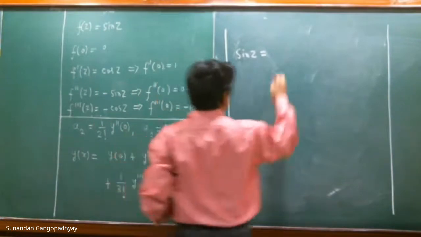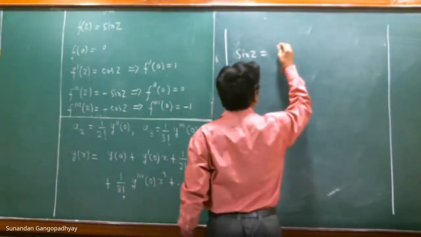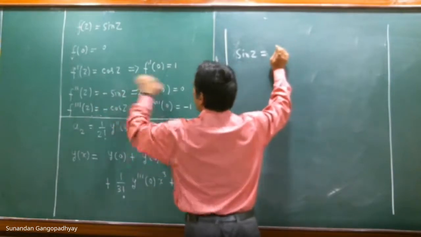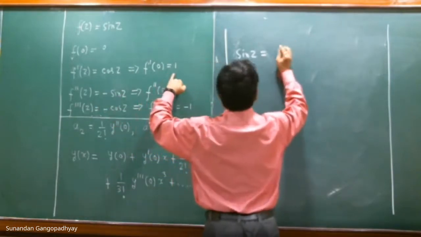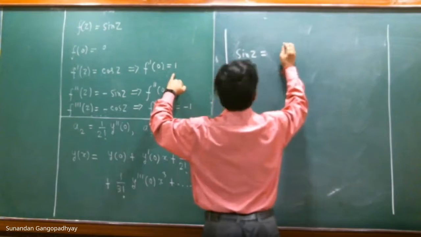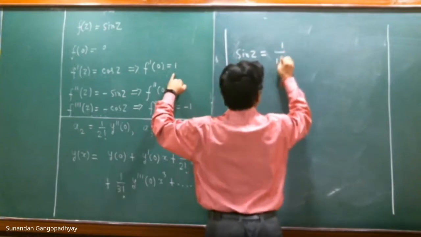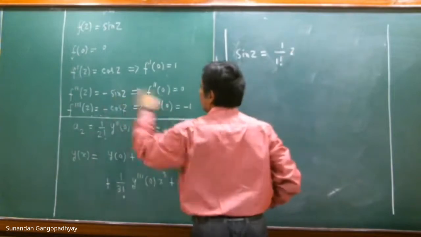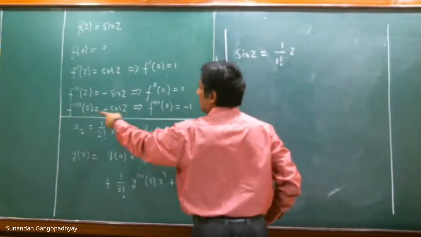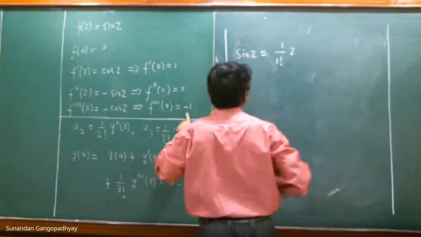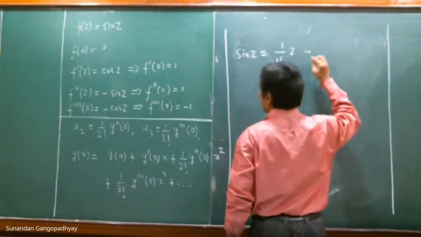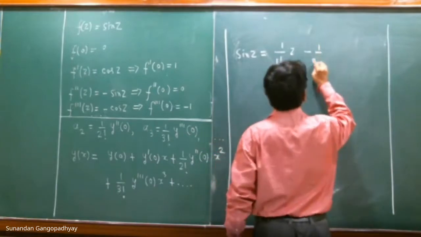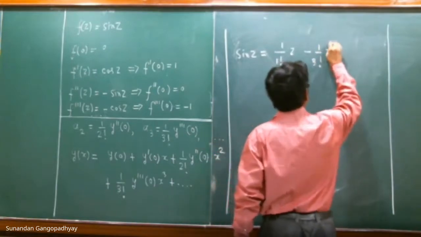The next term, let me just write down the expansion. f prime 0 is 1, so that will give us 1 divided by 1 factorial into z. f double prime 0 is 0. f triple prime 0 is minus 1, so that will give us minus 1 by 3 factorial z cube.